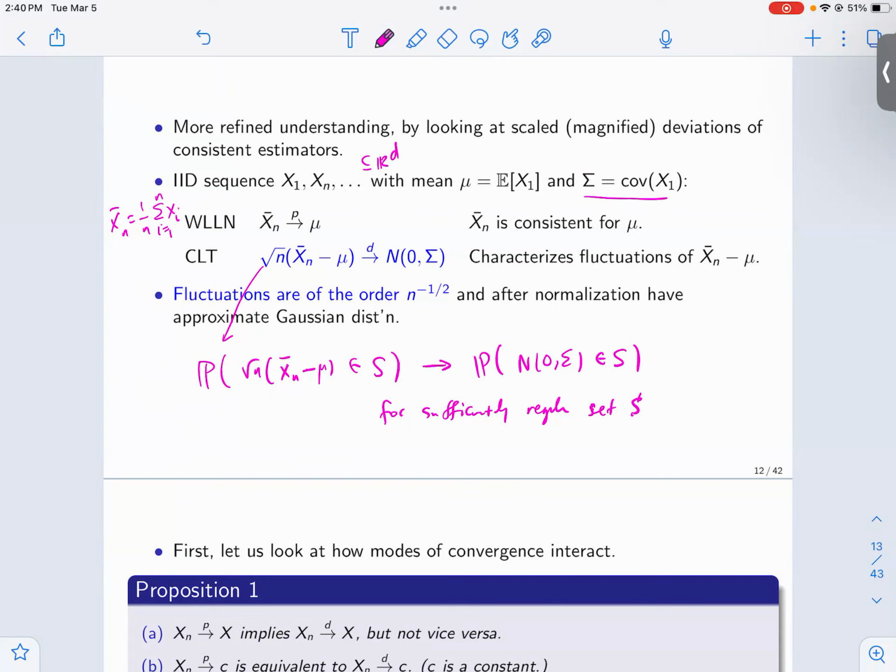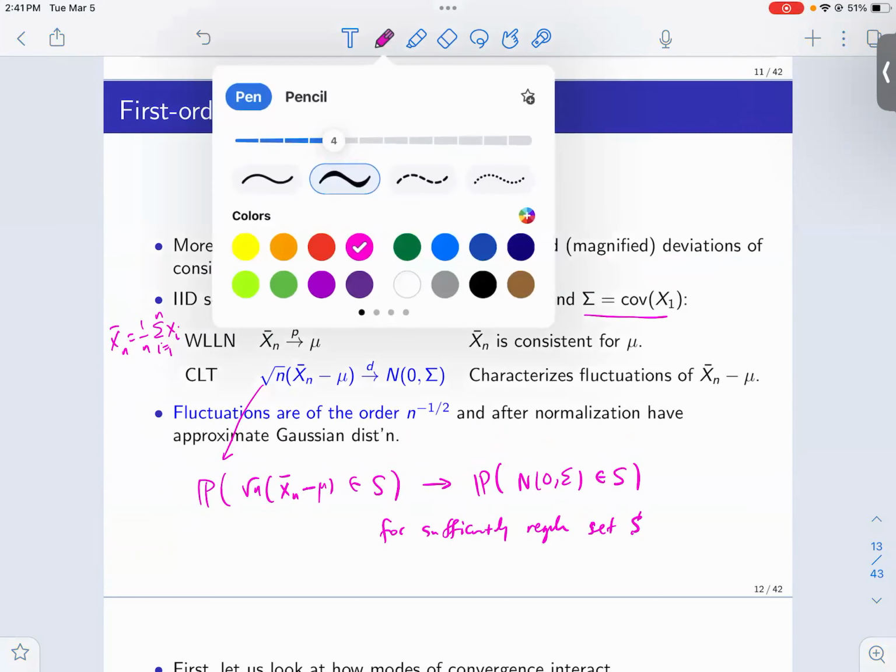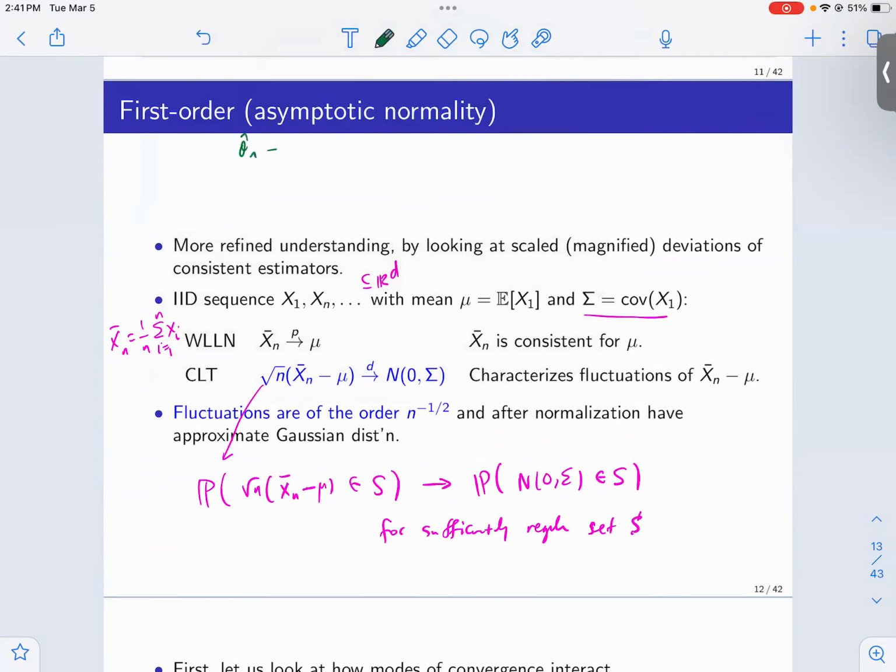That's one of the primary uses of this, in first order, or if you want second order asymptotic arguments. Let's call this first order. Zeroth order would be consistency. First order is this asymptotic normality. So we want to prove results like this for our general estimator. Suppose theta hat n converges in probability to theta naught. That's the first step.